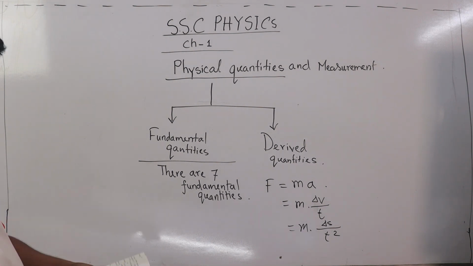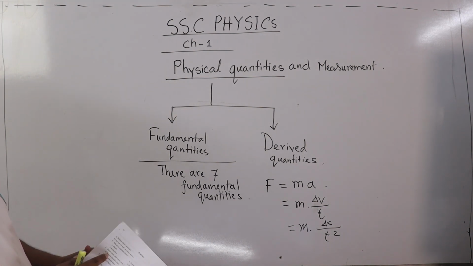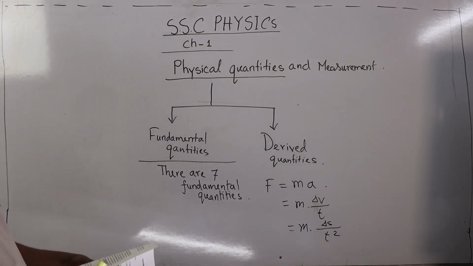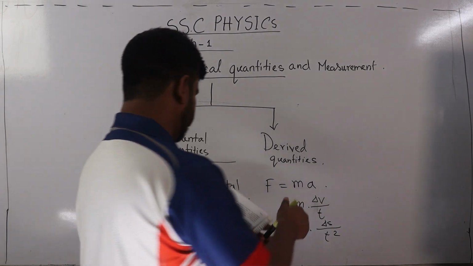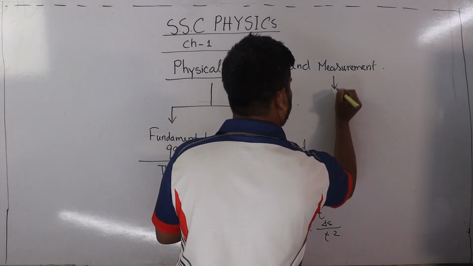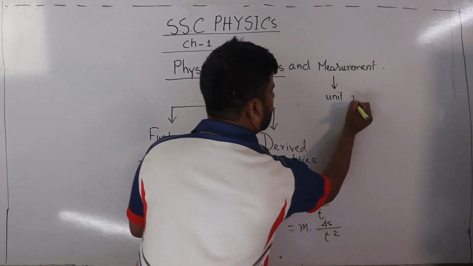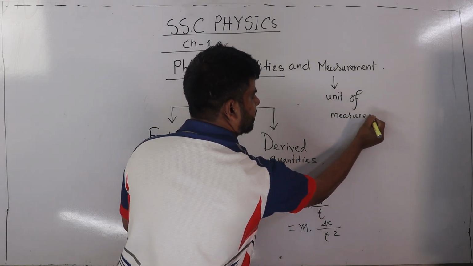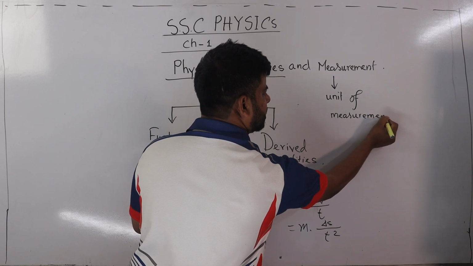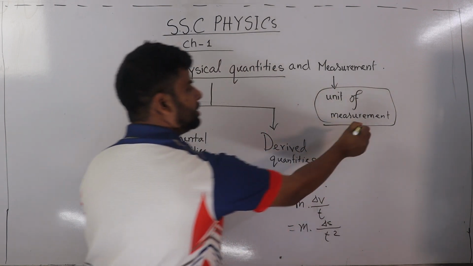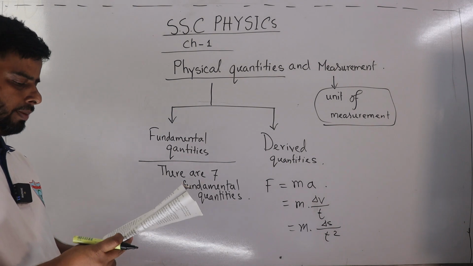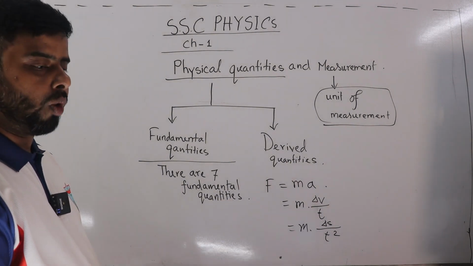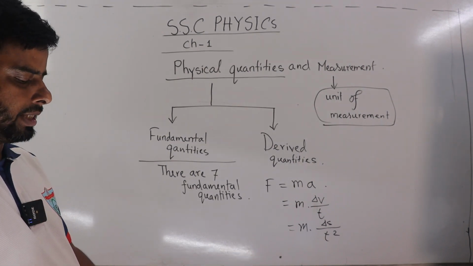Now measurement. The act of measuring anything is called measurement. Then, unit of measurement. What is a unit of measurement? A standard is essential, comparing with which any measurement is done.